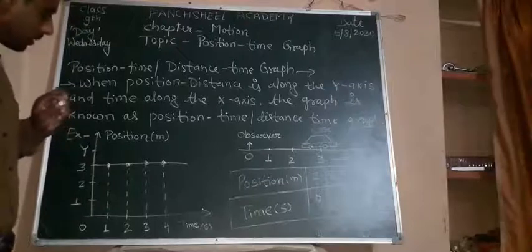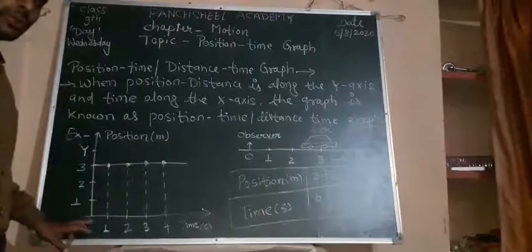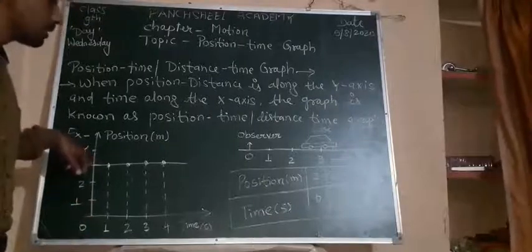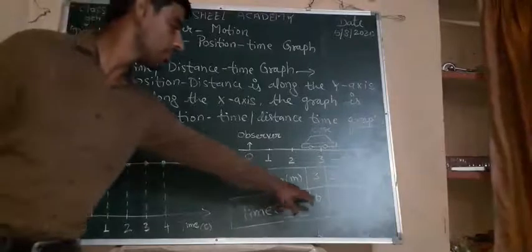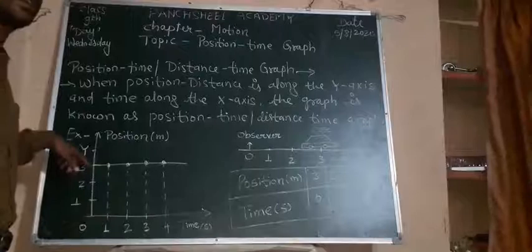So let's see here. At time t equal to 0, what is the position? At time t equal to 0, the position is 3 meter.